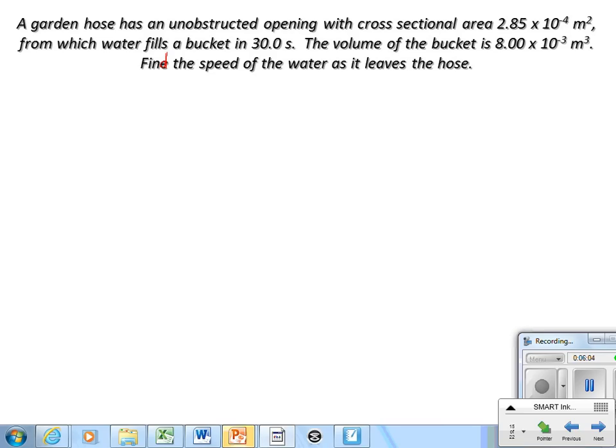For the hose, we can use A times v. Continuity could say A2V2 for the bucket, except we don't know the area of the bucket, and the water doesn't flow through the bucket, so it'll be hard to define a velocity there. But what we do know for the bucket is the volume and how long it takes.